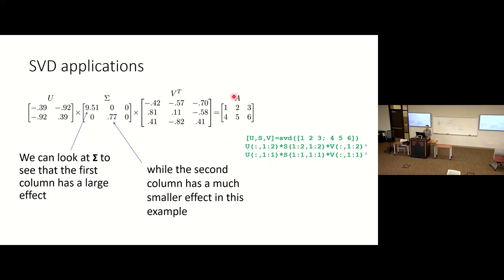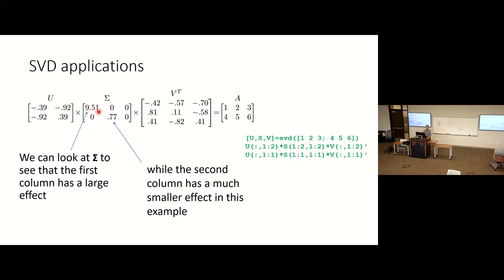So this is a decomposition of this A matrix into U, sigma, and V. You can compare the strengths of each component, to see their relative contribution to constructing this.